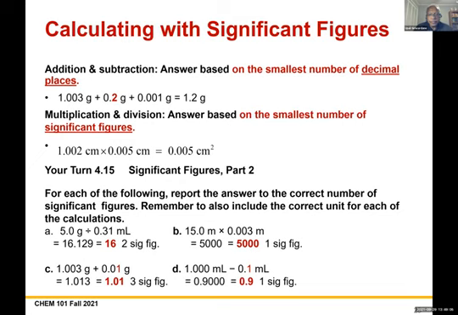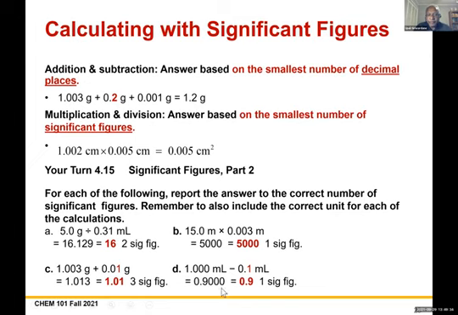with the correct decimal place. In subtraction, if you look at that, the first one has its uncertainty in the third decimal place. The second one has the uncertainty in the first decimal place. The answer here should be rounded off to the first decimal place.